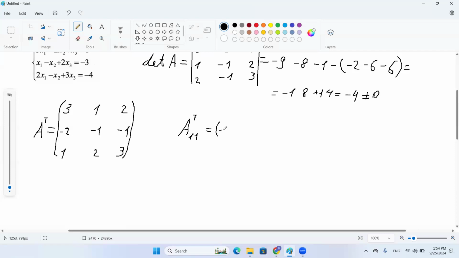So -1 in which power? Power of 2. And which numbers do we have here? -1, -1, 2, and 3. And here -3 plus 2 equals -1. And it is just 1.